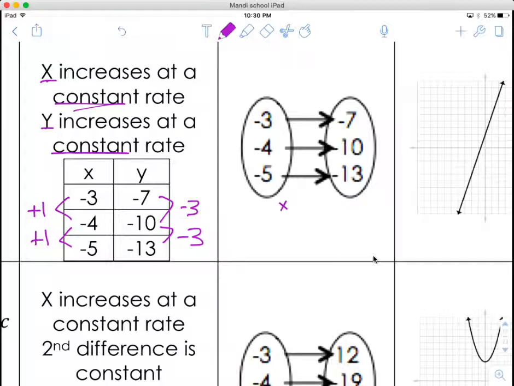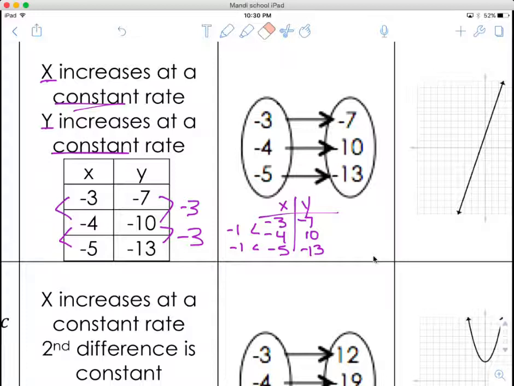So an XY table. So -3, -7, -4, -10, -5, -13. So that's decreasing, it's down 1 and down 1, which, let's go back over here and change this one. This is actually decreasing by 1 each time. So let's get that one fixed.